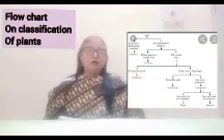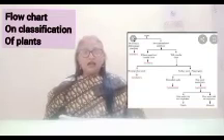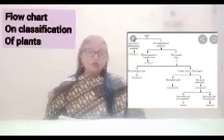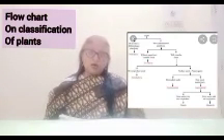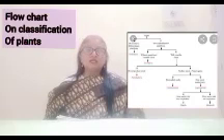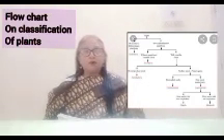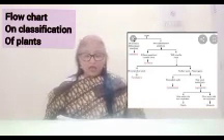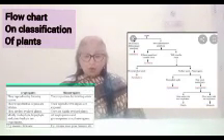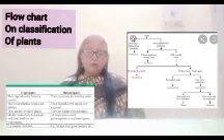And under have a differentiated plant body, it is further divided into without specialized vascular bundles and with vascular tissues. Without specialized vascular bundles, we have Bryophytes. And with vascular tissues, it is again divided into do not produce seeds and produce seeds. Do not produce seeds, that is Terrestrial. And those which produce seeds are commonly called phanerogams.